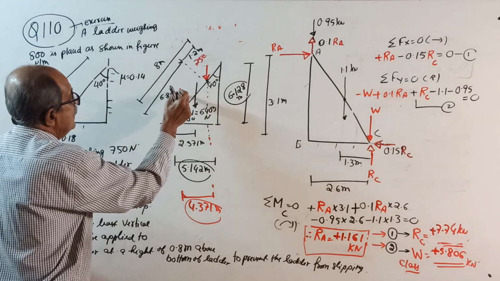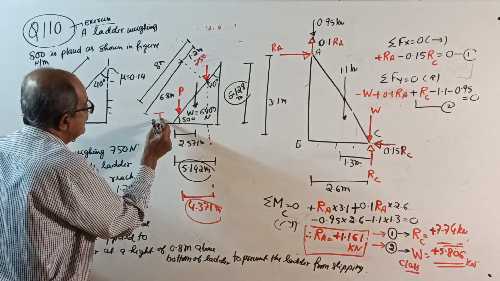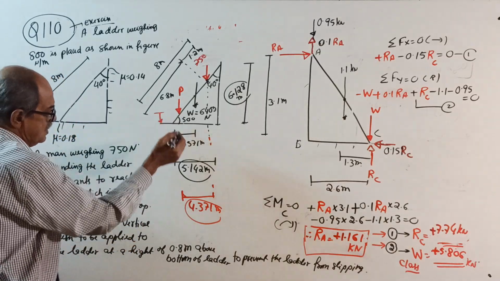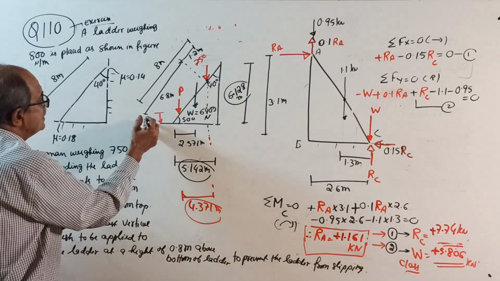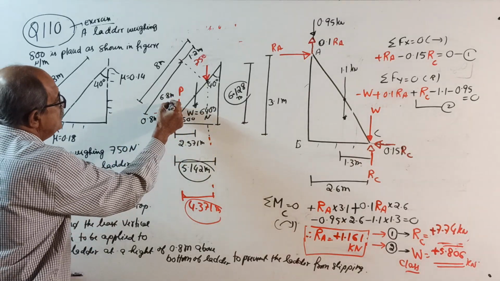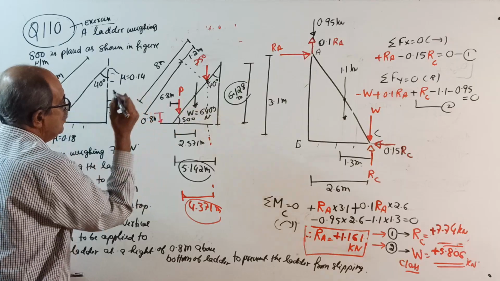Now, they told at what height the push is applied: you are not applying the push at the bottom. The push is 0.8 meter above, given in the question. If that is 0.8 meter, you require this distance. How to get it?